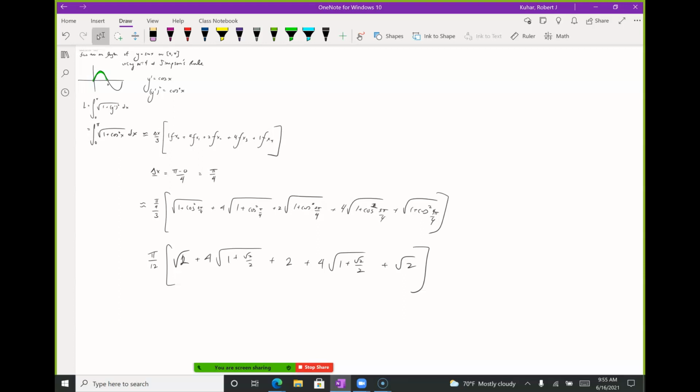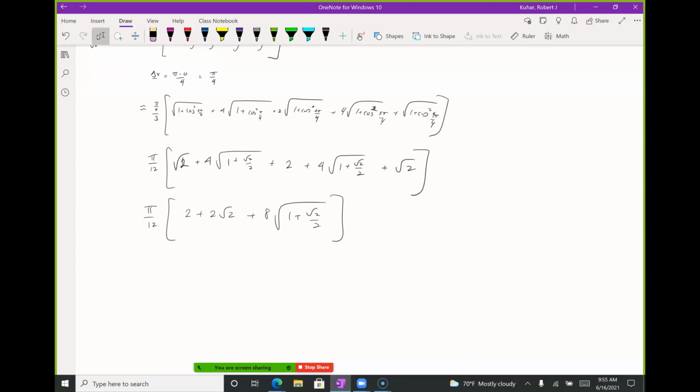I want to see if I can go a little bit more. It looks kind of good to me right now. I got pi over 12, and I have a 2 plus 2 rad 2's plus 8 square roots of 1 plus rad 2 over 2. And I mean, this is me. I don't know what I'm doing here with you. I don't know why I'm torturing you like this.